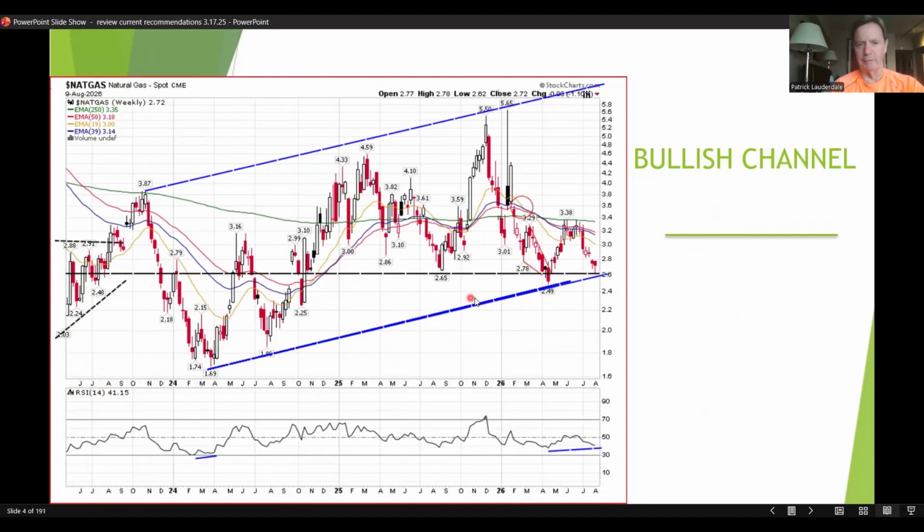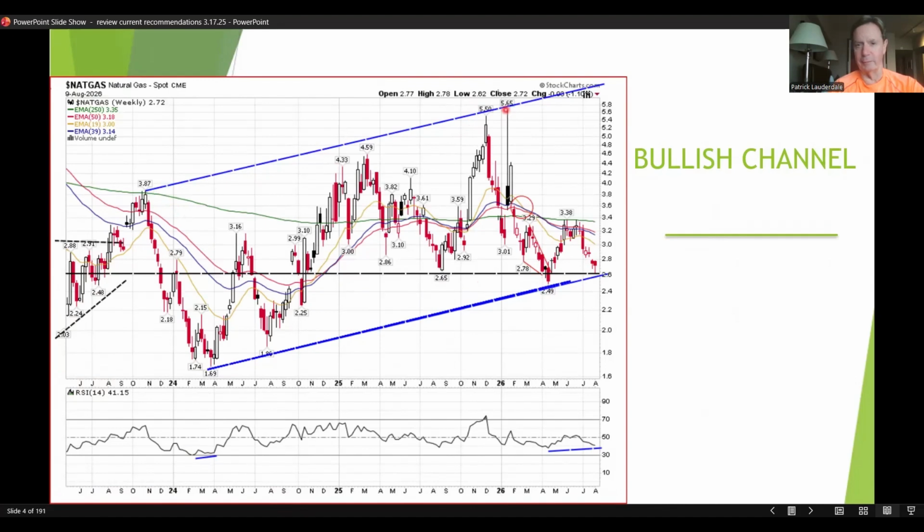I should have labeled this, my bad. And here's your resistance line. So once we got two touches on our support line, we know that we want to buy at support. And once we got two touches on the upper line, we know that we want to sell at resistance.